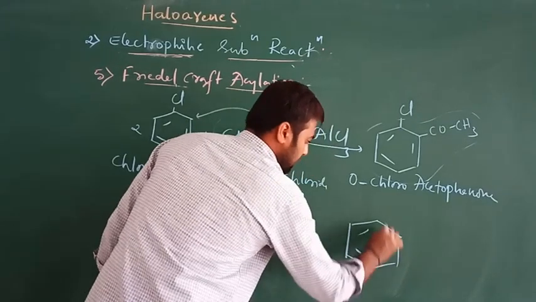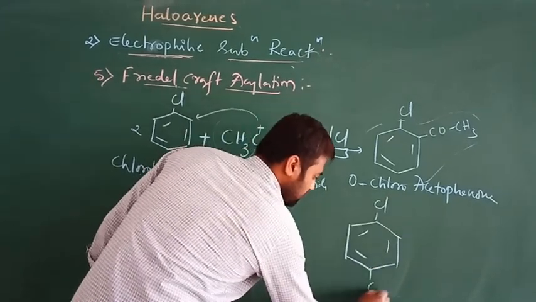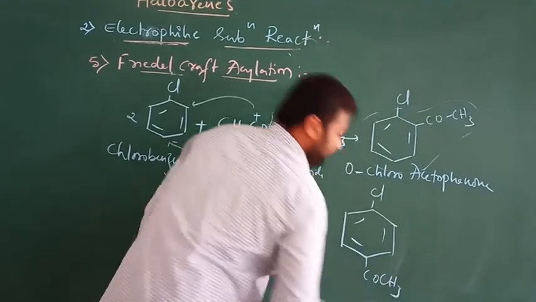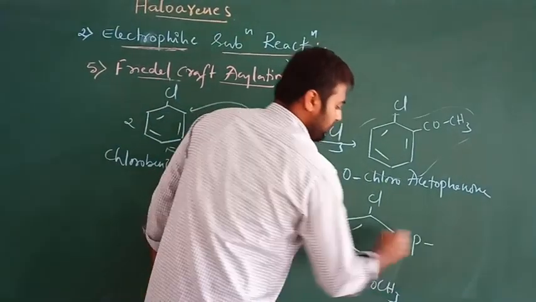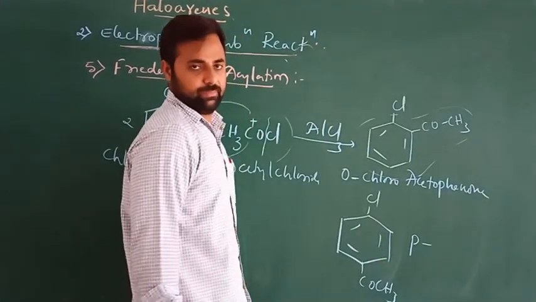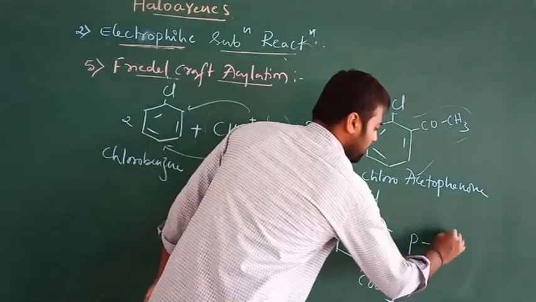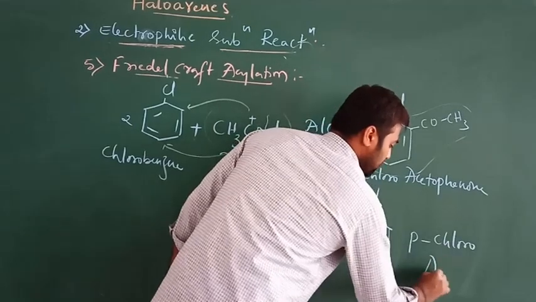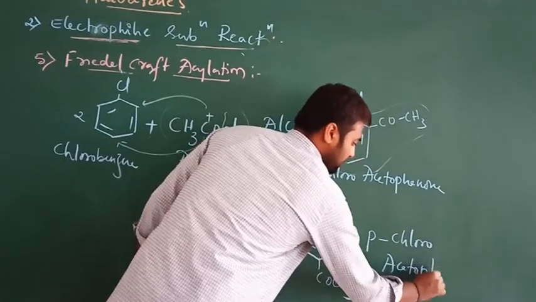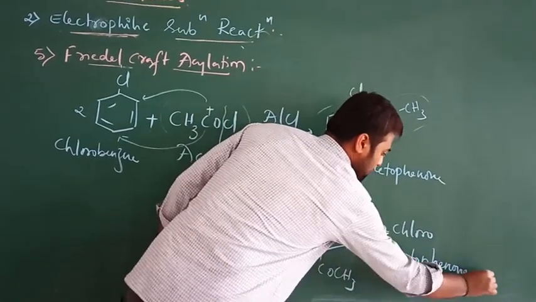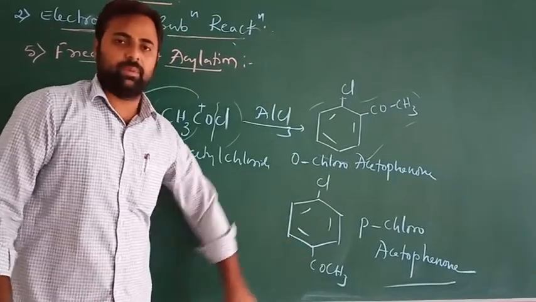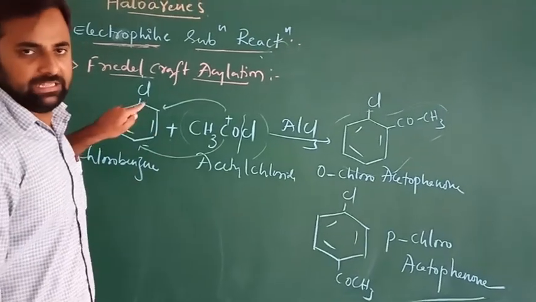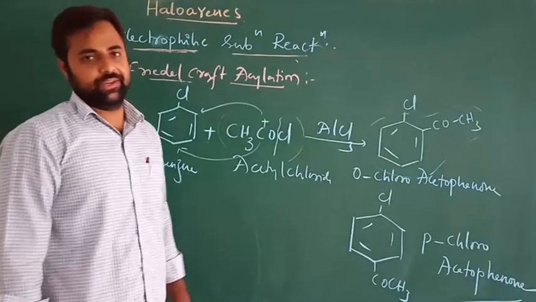Another one is COCH3 at 1,4. That means 1,4 represents para, para-chloroacetophenone. These are the two substituted products obtained in this Friedel-Crafts acylation.